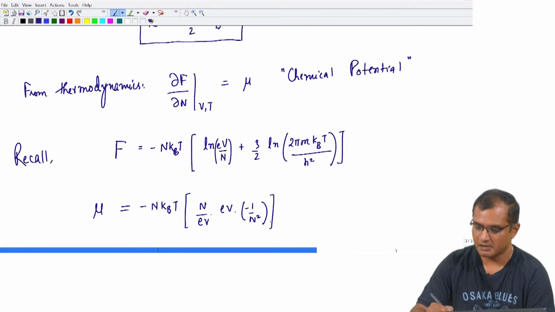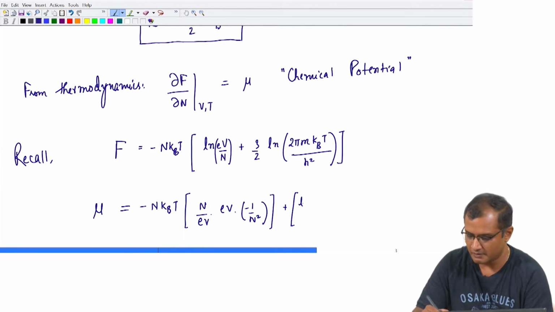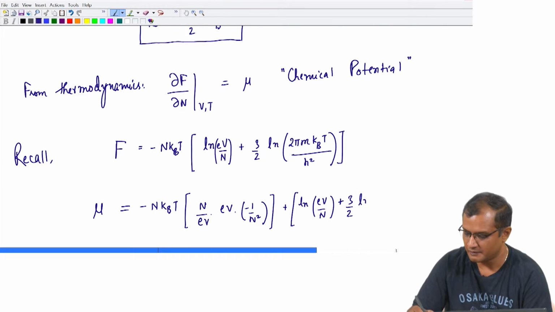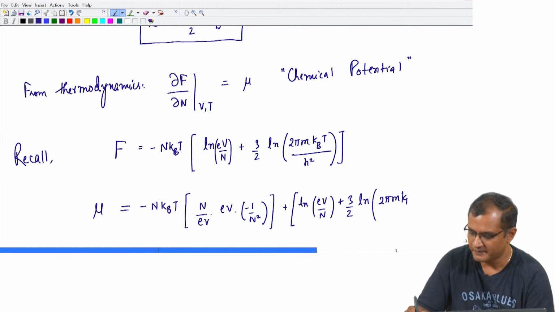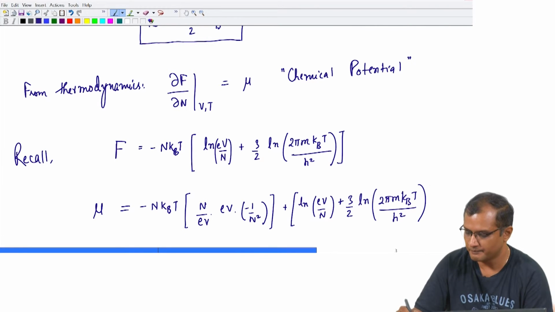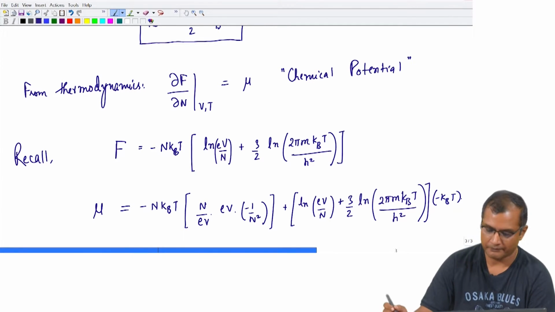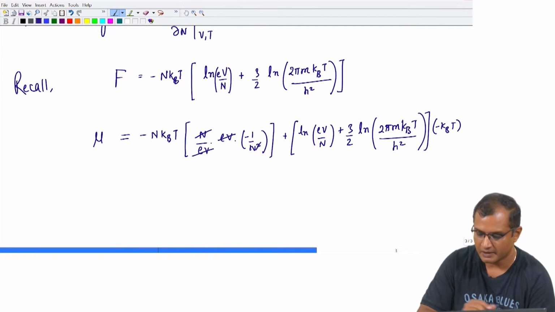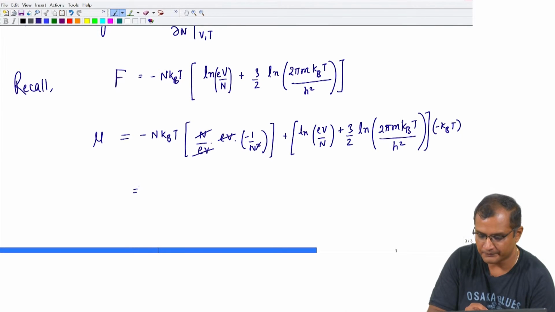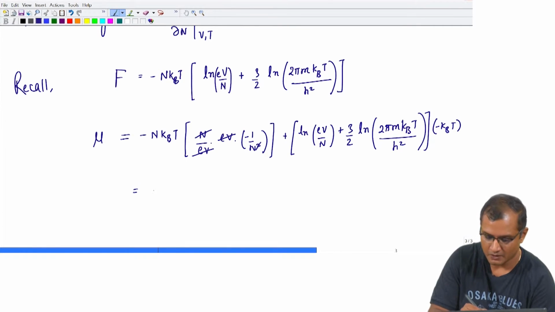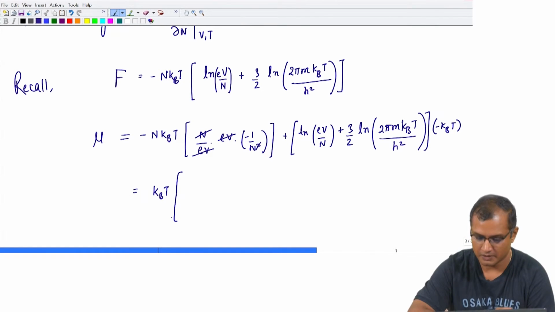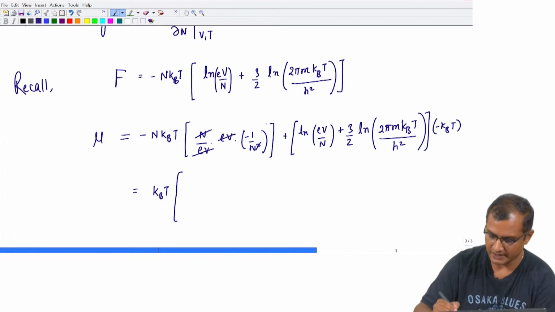The second term does not have any n, plus ln e v by n plus 3 half ln 2 pi m k b T upon h square into minus k T. So you can knock off this e v with this e v, and 1 n with this n square, and what you have is nothing but minus just k T. I can take k T common, because this entire n square will cancel.